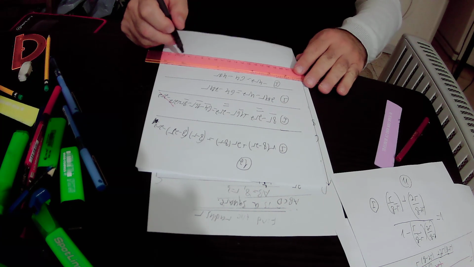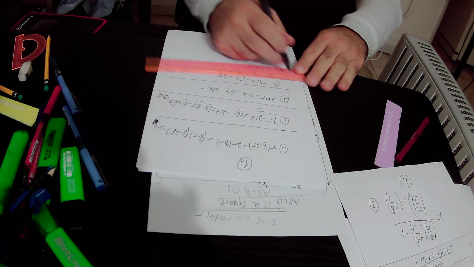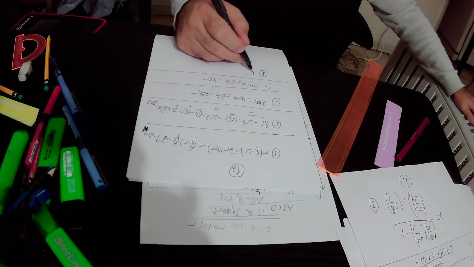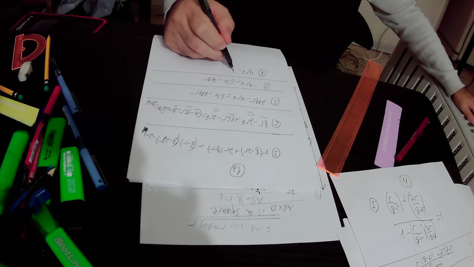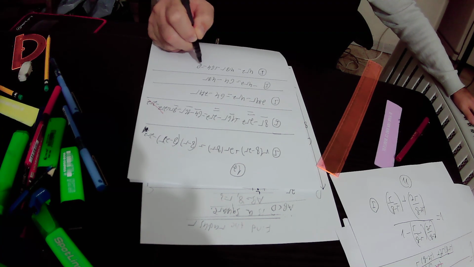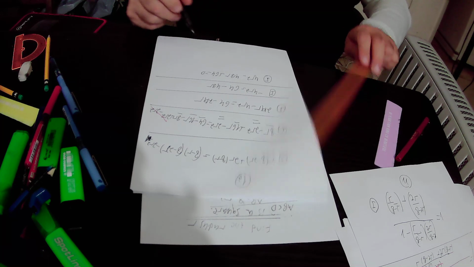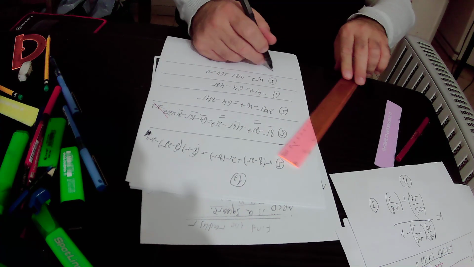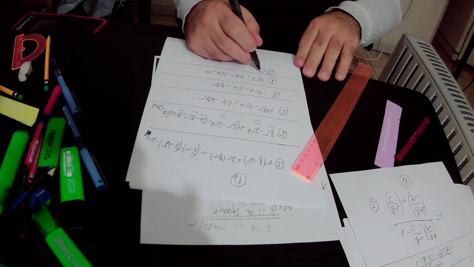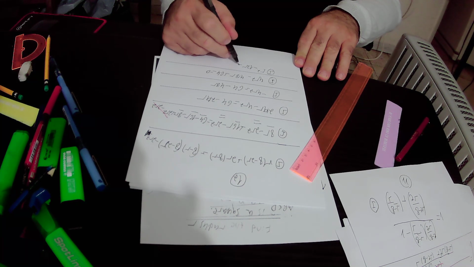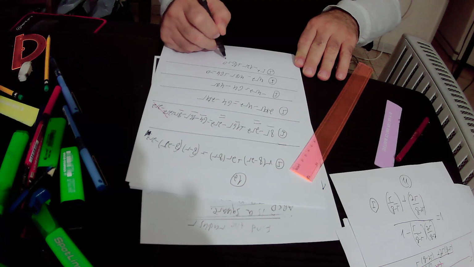We will add 4r squared to this equation, and we will get that 4r squared minus 48r plus 64 equals to 0. We will divide this quadratic equation by 4, and we will get that r squared minus 12r plus 16 equals to 0.